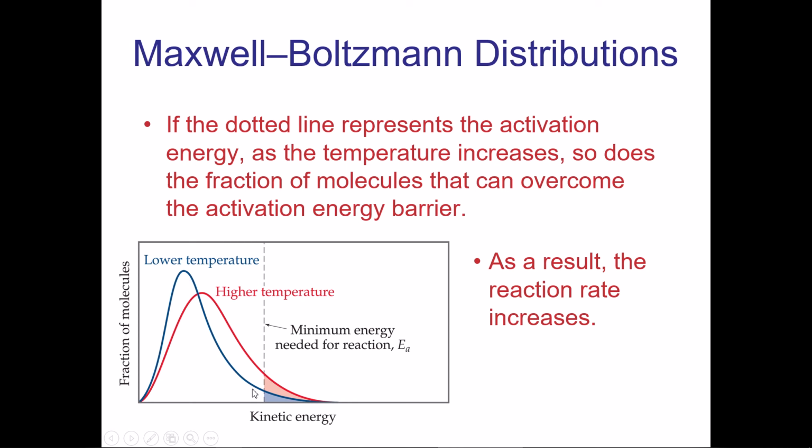And as we move to the right, we have a very small number of molecules that have sufficient energy to form product from a collision. The dotted line here represents the activation energy, or minimum energy needed to make the product. So only the area shaded under the blue curve represents the number of molecules, or fraction of molecules, that have sufficient energy to make product.